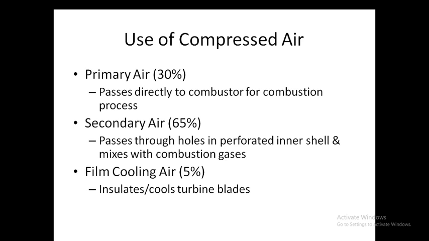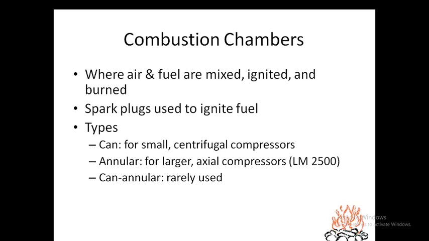Of the air from this compressor, the primary air is 30%, which passes directly to the combustor for the combustion process. Then the secondary air passes through holes in the perforated inner shell and mixes with the combustion gases. Then the third one is the film cooling air, which is 5%. It insulates or cools the turbine blades.